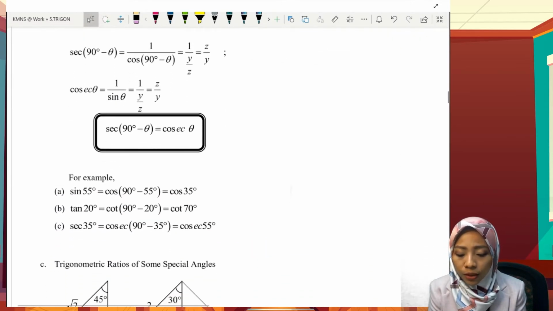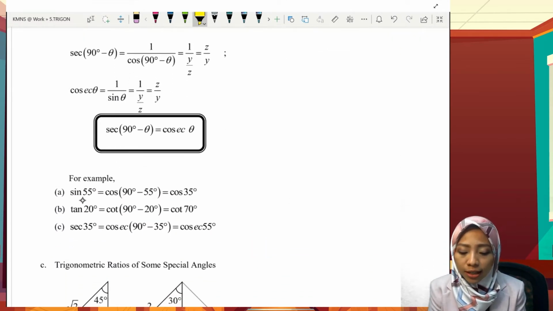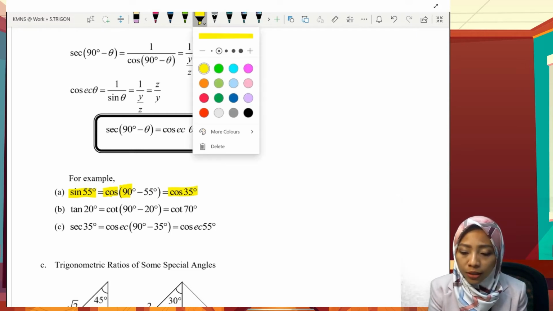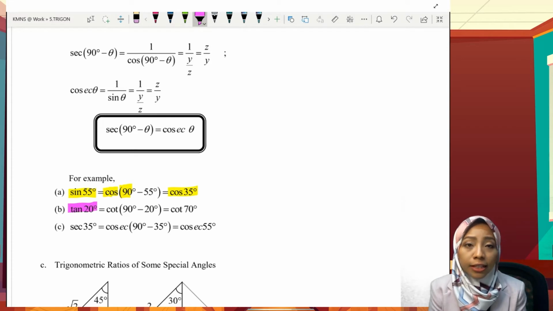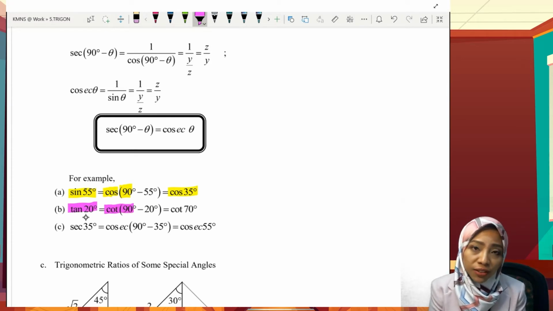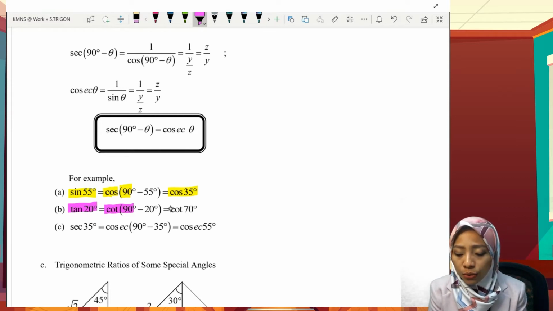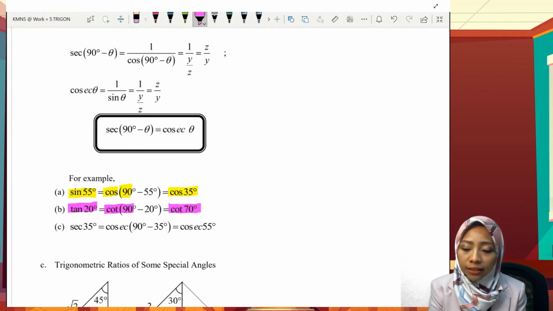Okay. So for example, given that sine 55, since it is complement with cos 90 minus 55, we will get cos 35. And the next one, for tangent 20, since the complementary angle is cotangent 90 minus the angle 20, so we will get cotangent 70.